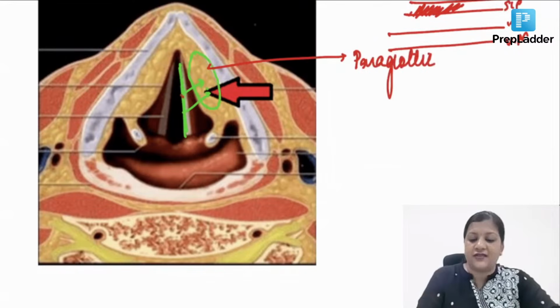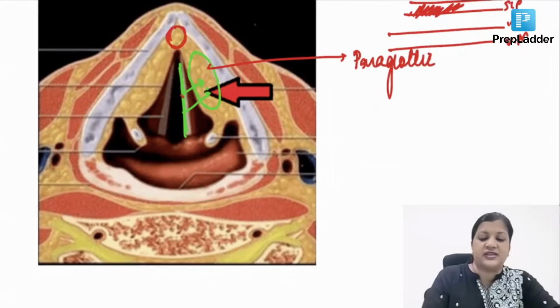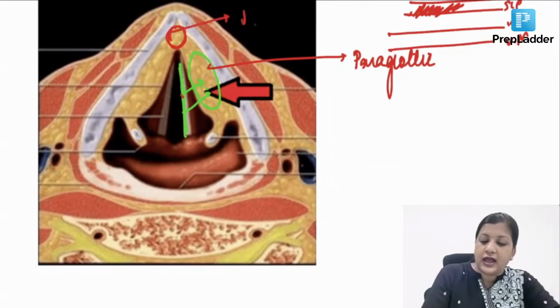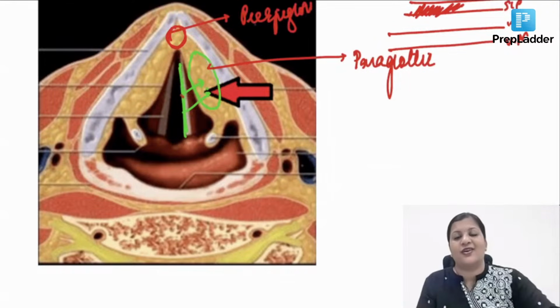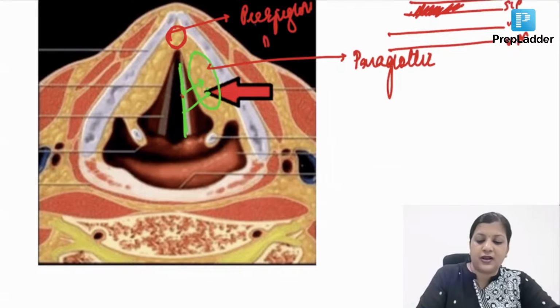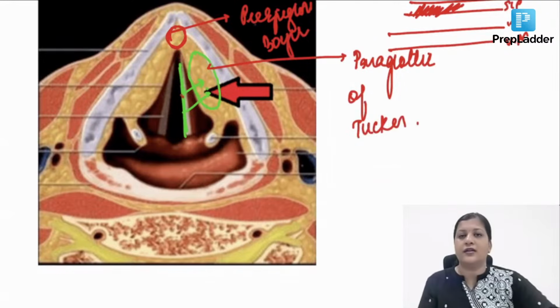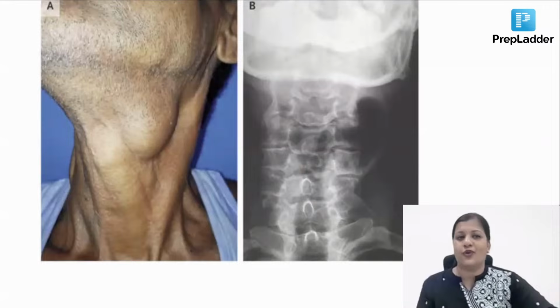So we have the pre-epiglottic space in the front, and the paraglottic space on the side. We call them the pre-epiglottic space of Boyer and the paraglottic space of Tucker. Got it? I hope all of you got this, and Reinke's space is present within the vocal cord.